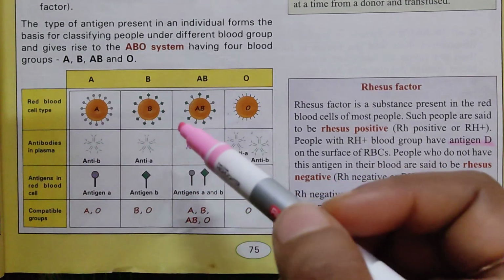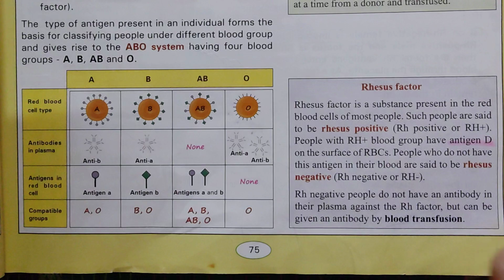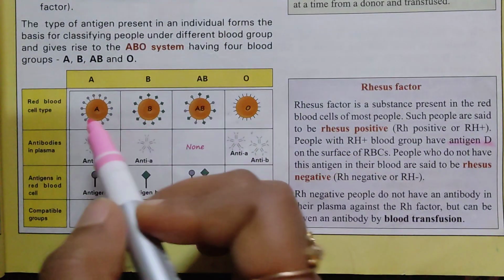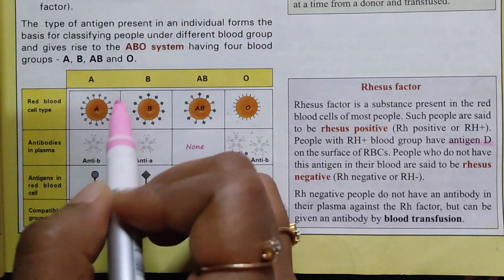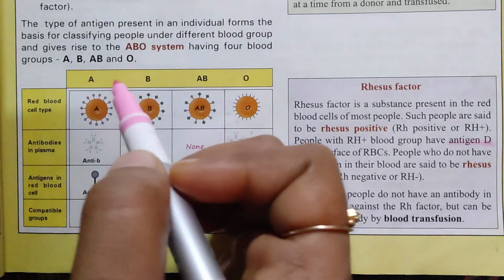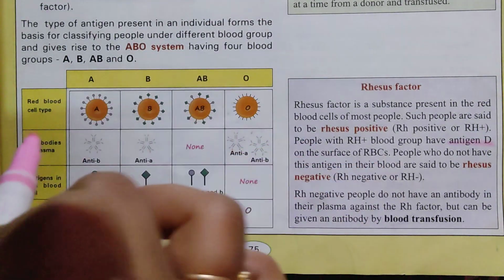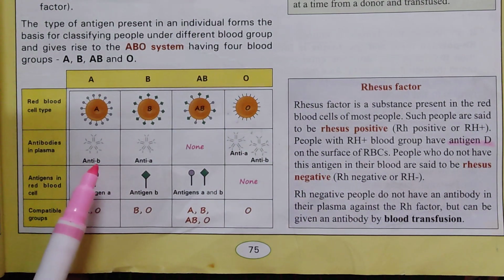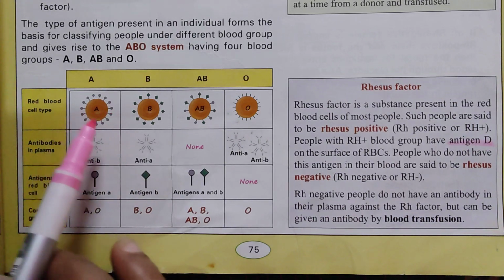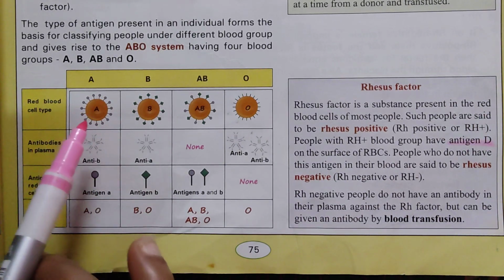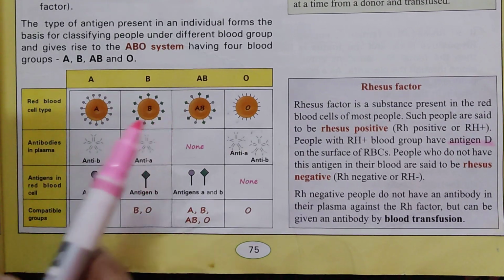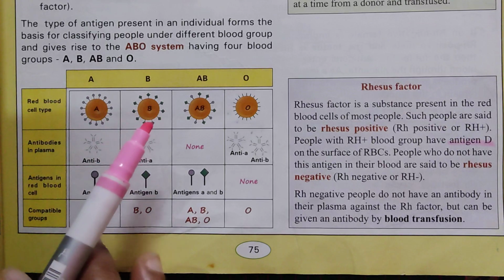Anti means that I do not have friendship with B. So if a person has A blood group and is transfused with B blood group, then what will happen? This anti-B antibody will not allow B to be accepted in this body. So the transfusion will be a failed process and the person will suffer a fatal condition.